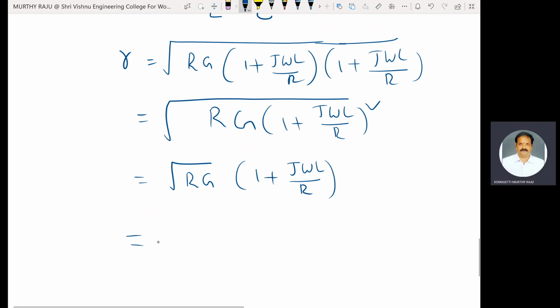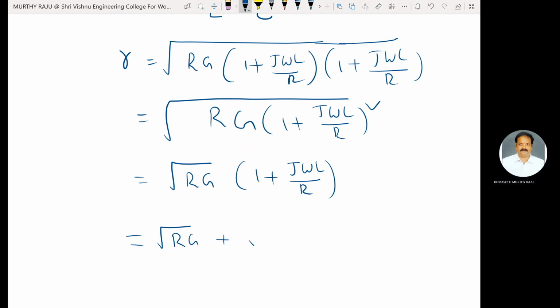That is equal to root RG plus root RG j omega L by R.